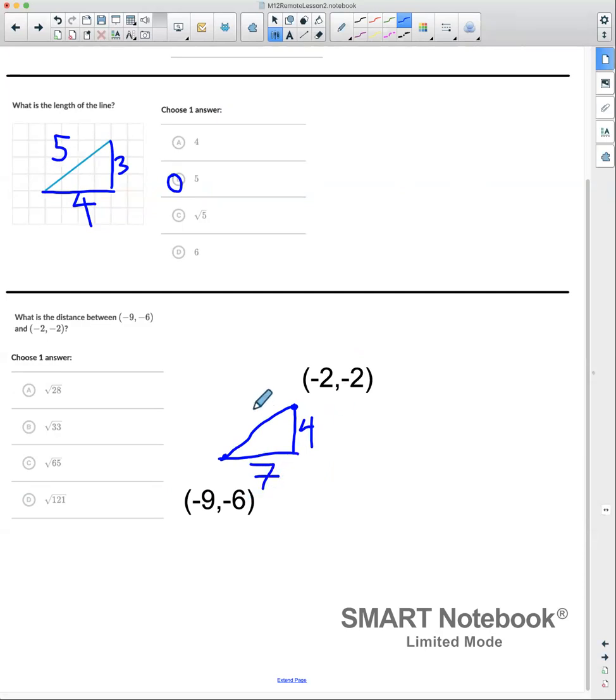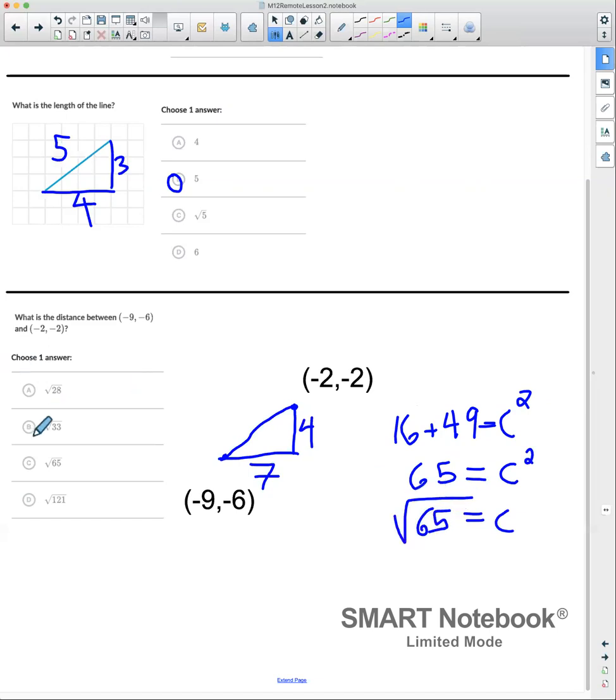So with 4 and 7, we need to figure out the hypotenuse. 4 squared is 16. 7 squared is 49. That's equal to c squared. 16 plus 49 is 65. So c is equal to radical 65. And answer choice C would be correct.